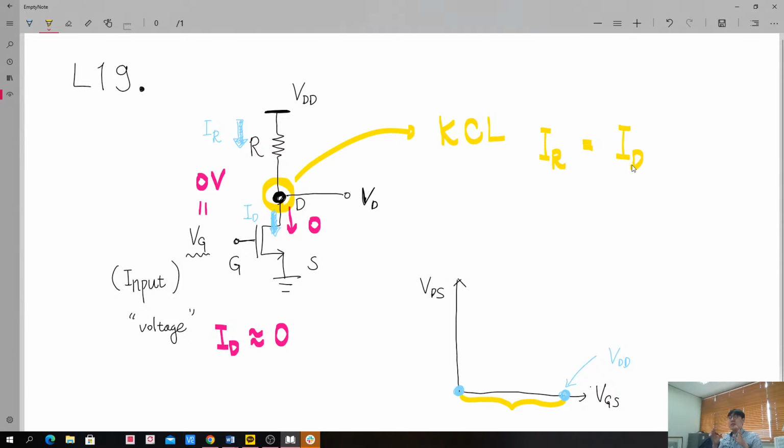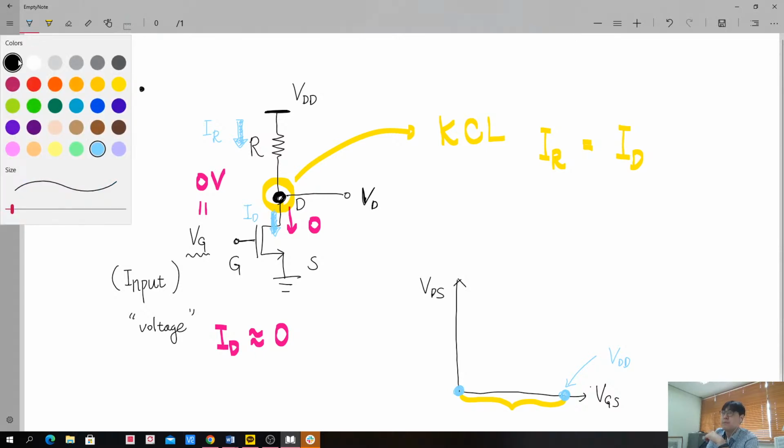This is generally valid for any cases. Right now we are considering the gate voltage equal to 0, but even when we have different gate voltage values, we will have this KCL. That is quite general.